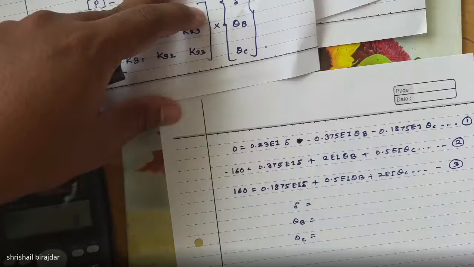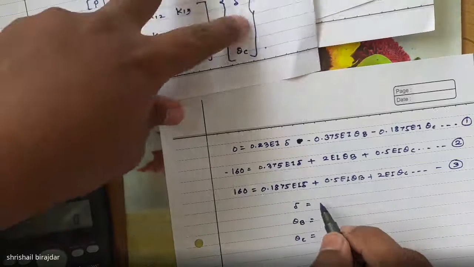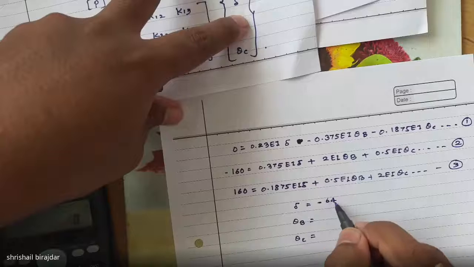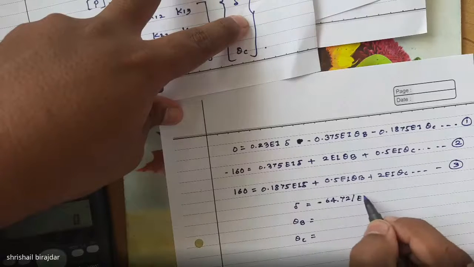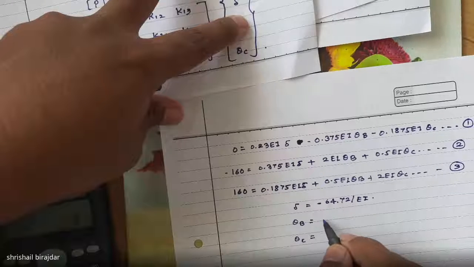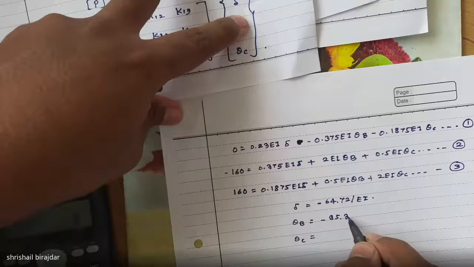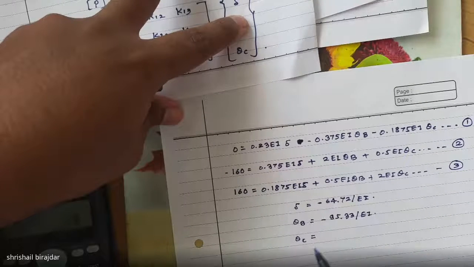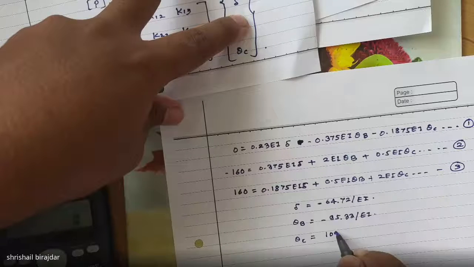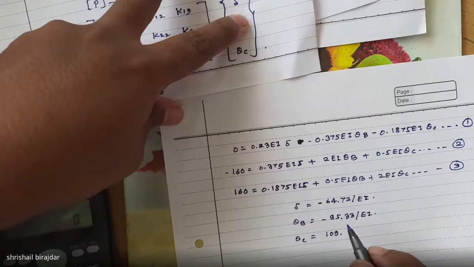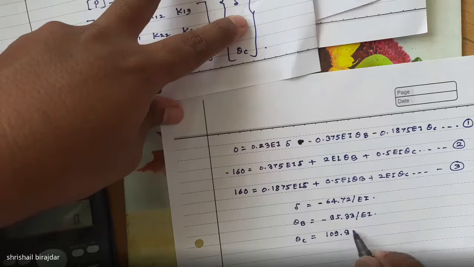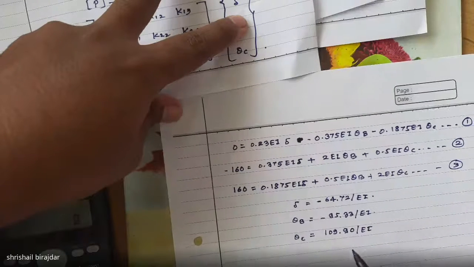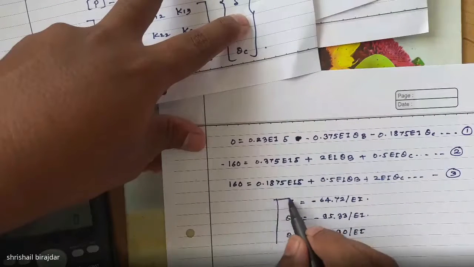Minus 64.72, delta, minus 64.72 divided by EI. Theta B, minus 95.33. Theta C, 109.90, divided by EI. This way you have to calculate the delta, theta B, theta C.